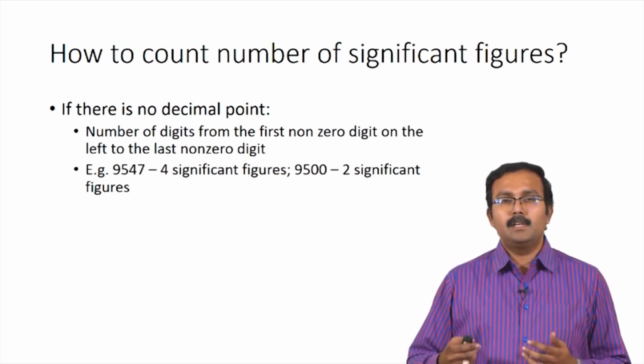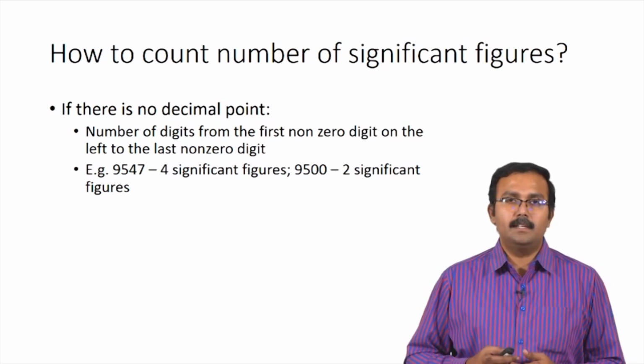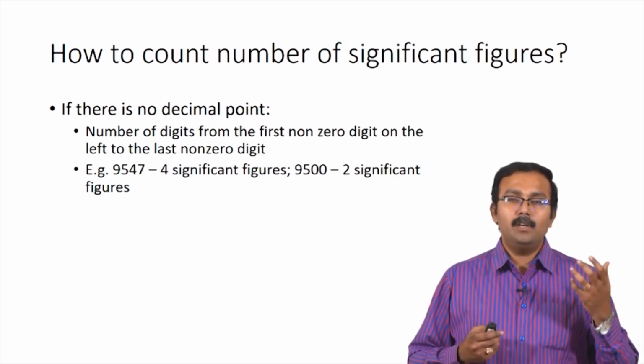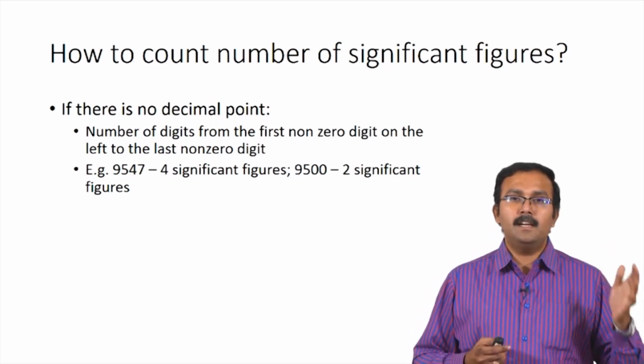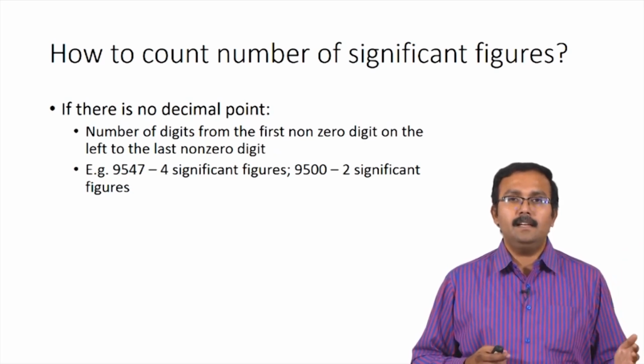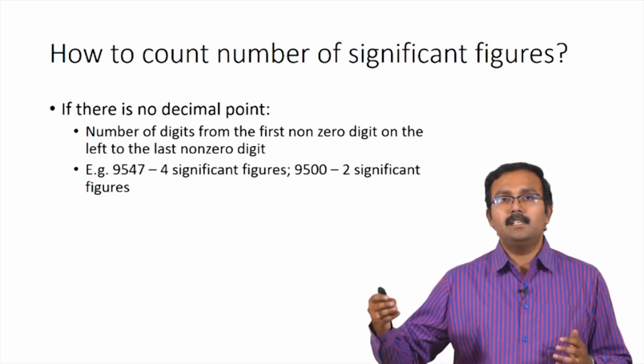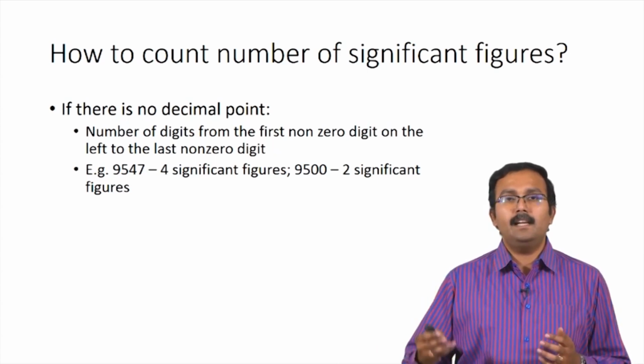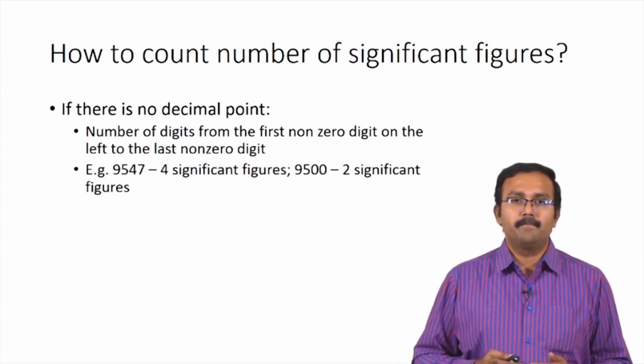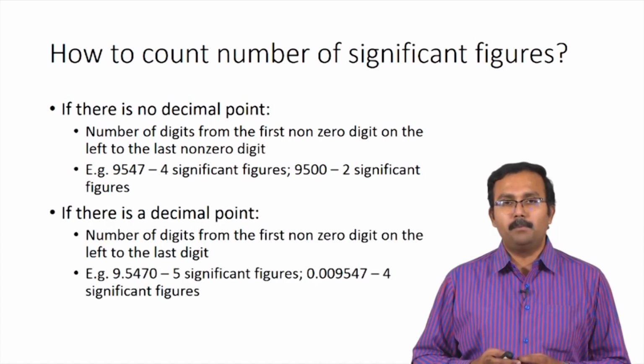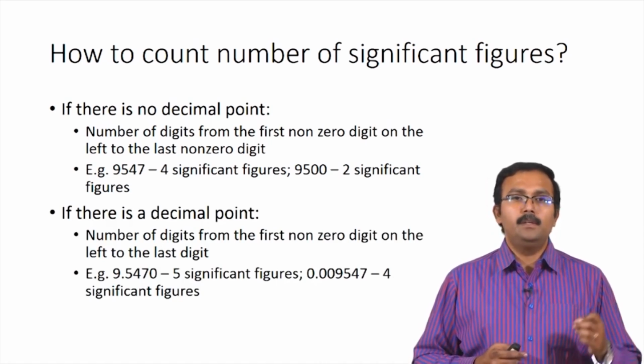However, if I were to use a number like 9500, then I have only 2 significant figures, because the first non-zero digit on the left is 9 and the last non-zero digit is 5, giving me only 9 and 5 as the significant digits.